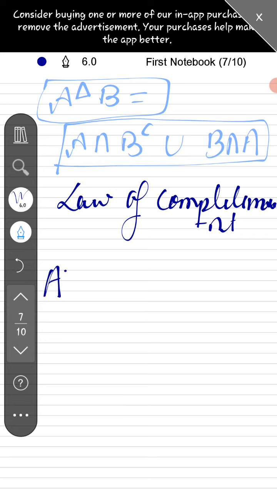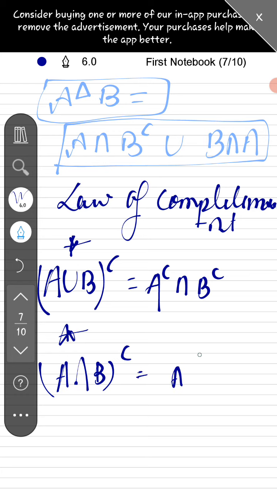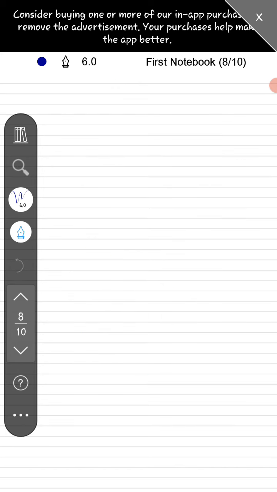So A union B whole complement is equal to A complement intersection B complement. How? Now we have to prove this out. First I should write one more law in front of you. It is also known as the law of complement, but is the reciprocal of this: A intersection B whole complement is equal to A complement union B complement. Okay, now I am going to prove this out.